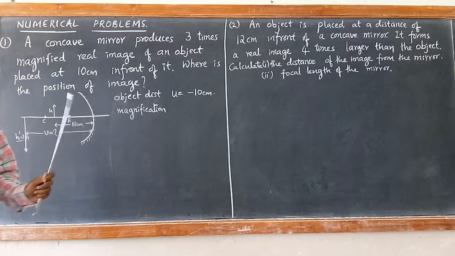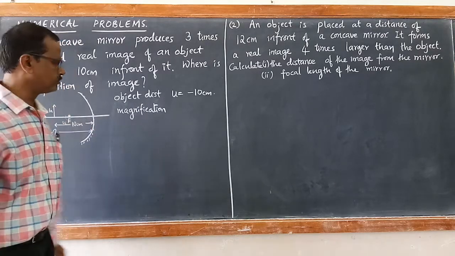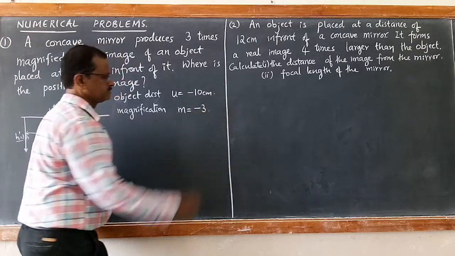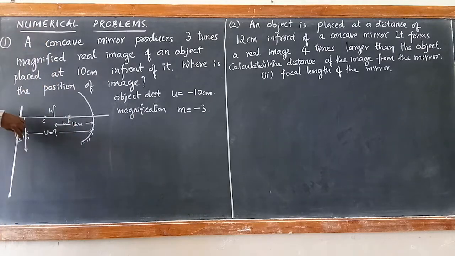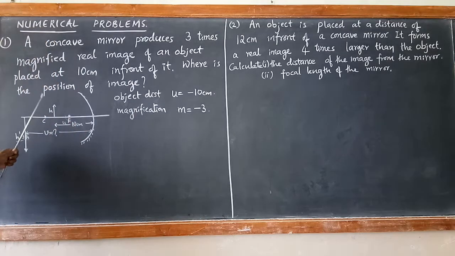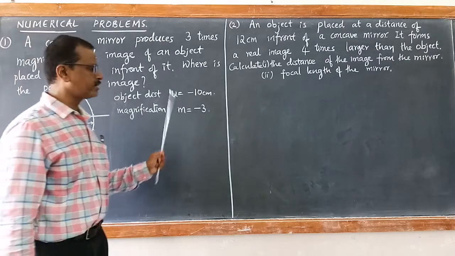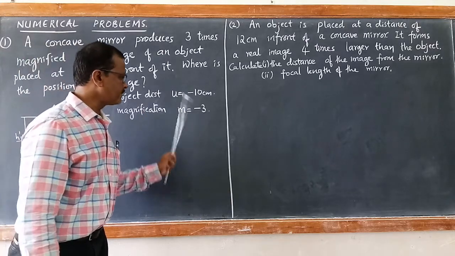Magnification for a real image formed by a concave mirror is always negative. It is given as minus 3. This is important. Magnification for a real, inverted image formed by a concave mirror is negative. Don't forget this. M is equal to minus 3.